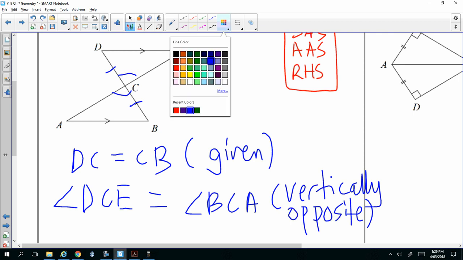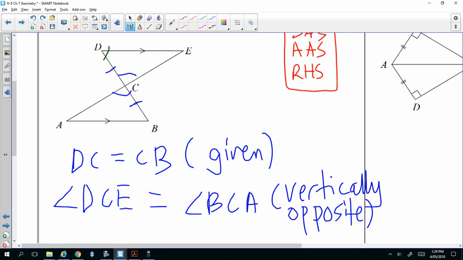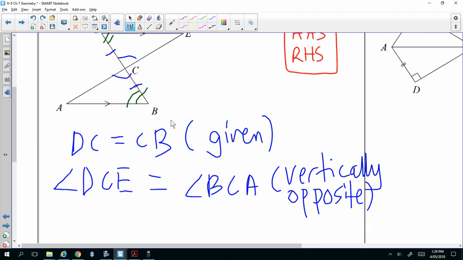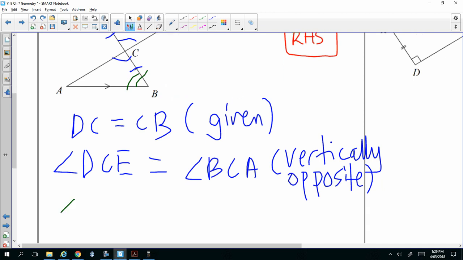Parallel. Not enough. You got something, they are on parallel lines, but there are 3 different angles you could say. Which one would it be? Angle EDC equals angle CBA or ABC. Yep. What's the reason?